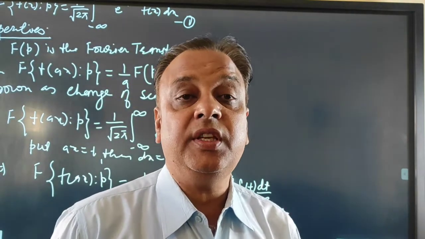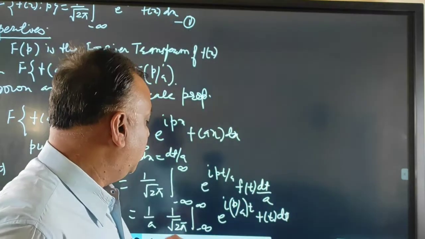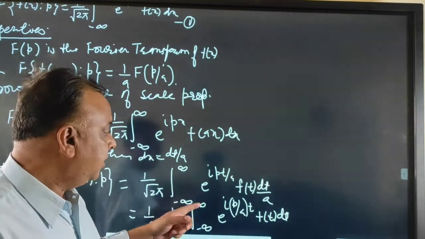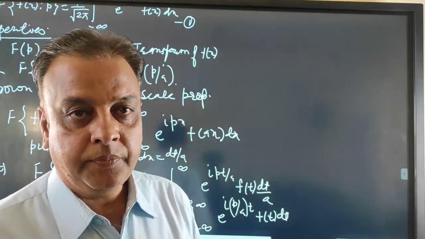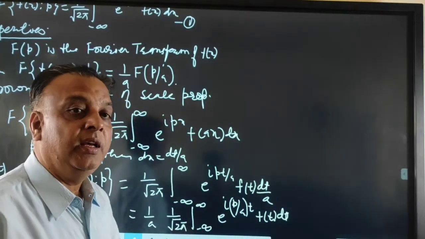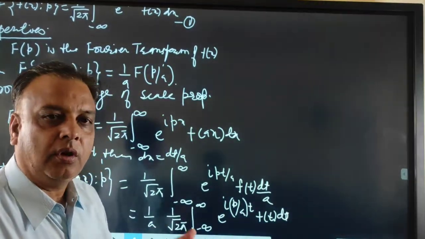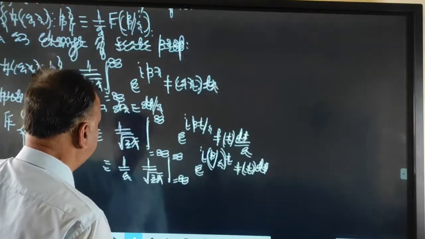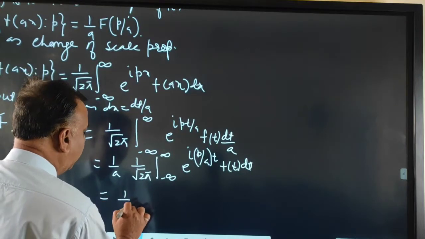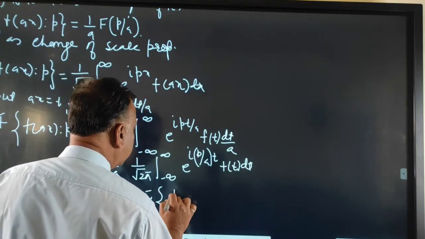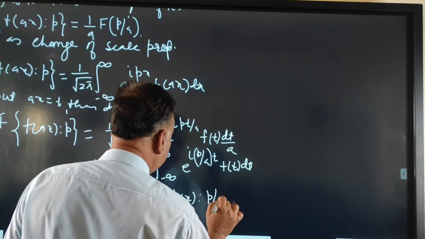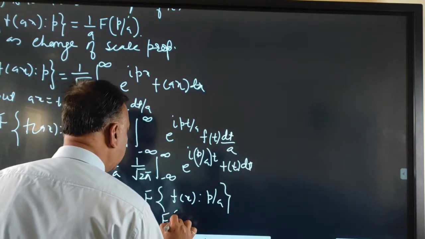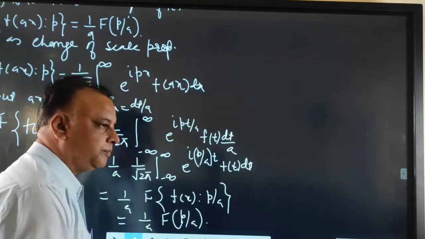In the right hand side, if we see the integral, this is the Fourier transformation of a function f(t) or f(x) when the parameter is p upon a. So the right hand side is the Fourier transformation of the function with respect to parameter p upon a. So this is equal to 1 upon a F of p upon a.